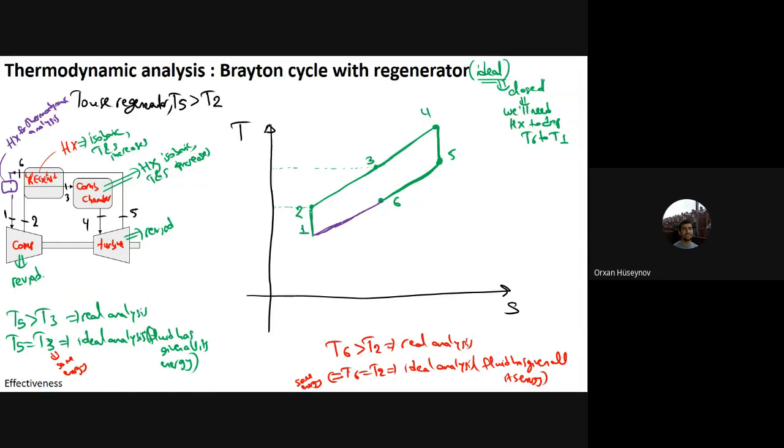And this is the Brayton cycle with the regenerator. Okay, but we have said it: if it is ideal, then 6 and 2 should be the same. So for ideal analysis, I can say that. Okay, so 6 prime, this one is if ideal regenerator.